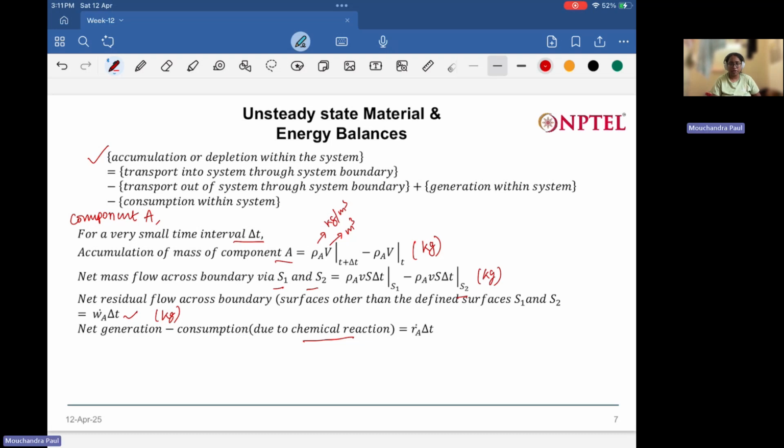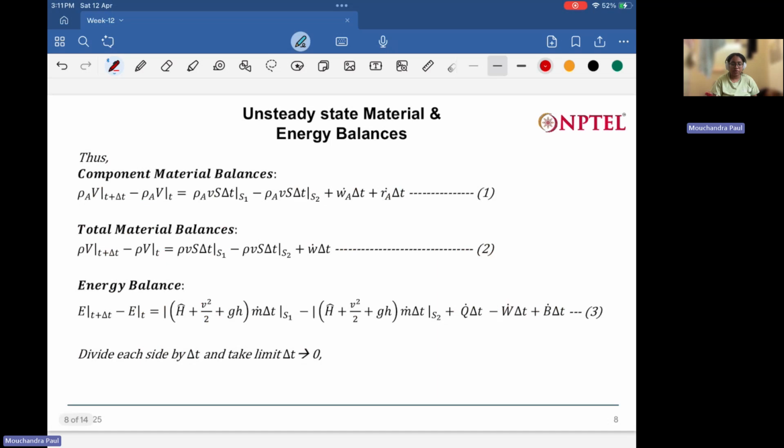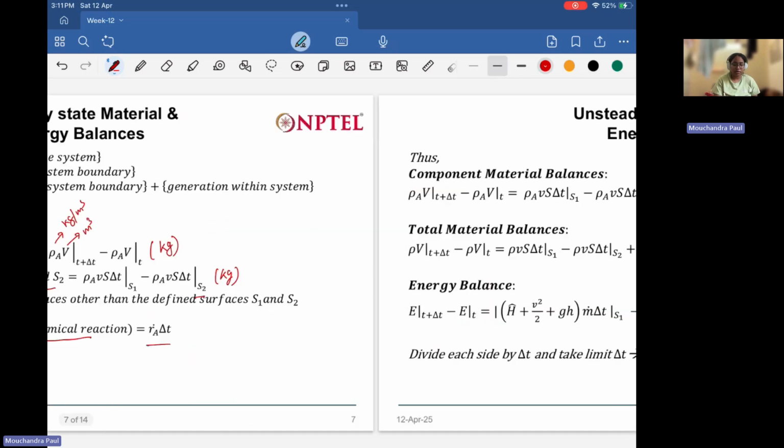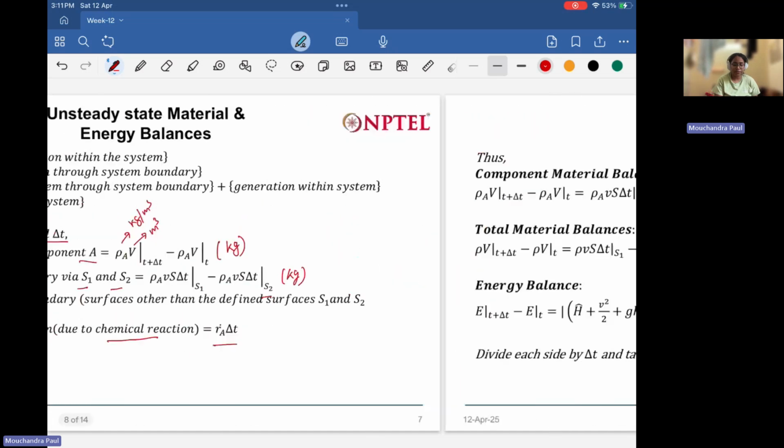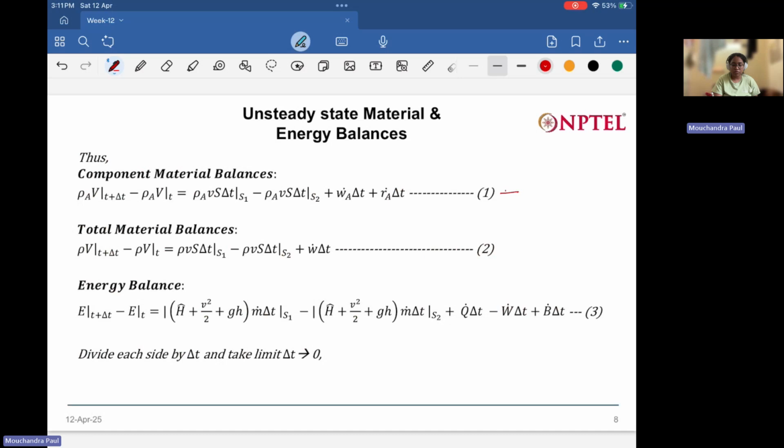In other words, it defines the rate at which component A is getting generated or consumed in the reaction, times delta t. When we put all these terms in this particular expression, we get the form of equation 1.